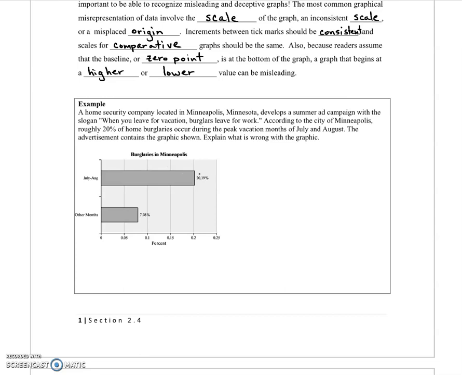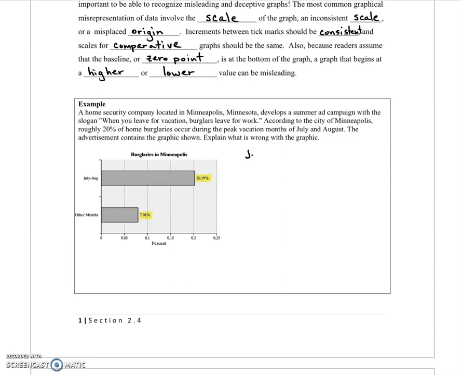First of all, let's look at the percentages here. We have July and August is 20.19%, and all other months is 7.98%. Well, first of all, the categories are not the same, right? They're not the same time scale.